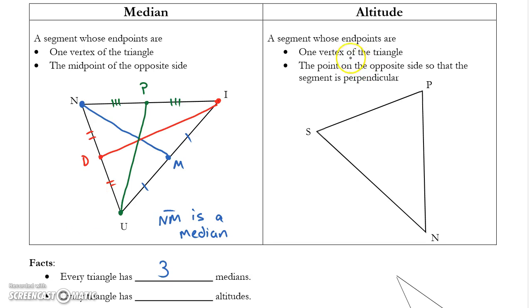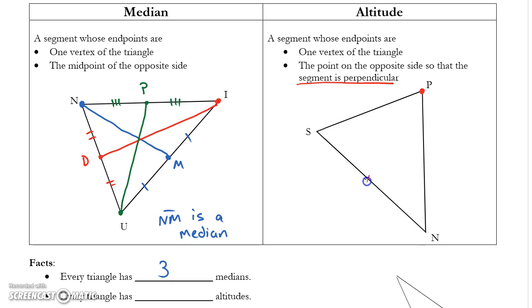On the other side, an altitude is also a segment, not a line, not a ray. And one vertex of the triangle is an endpoint as well, for example, P. However, the opposite side is going to have my second endpoint, but it is not the midpoint necessarily. It is perpendicular to the opposite side.